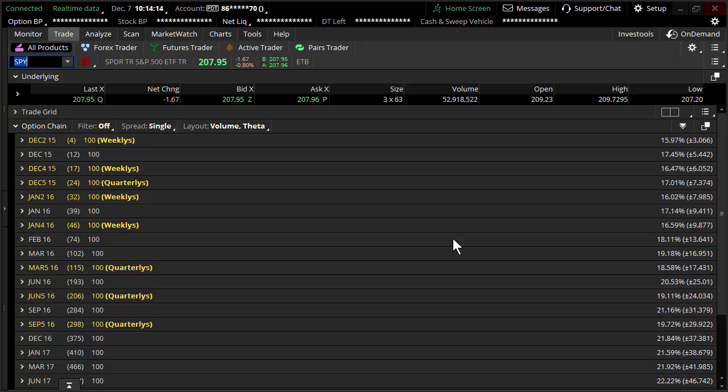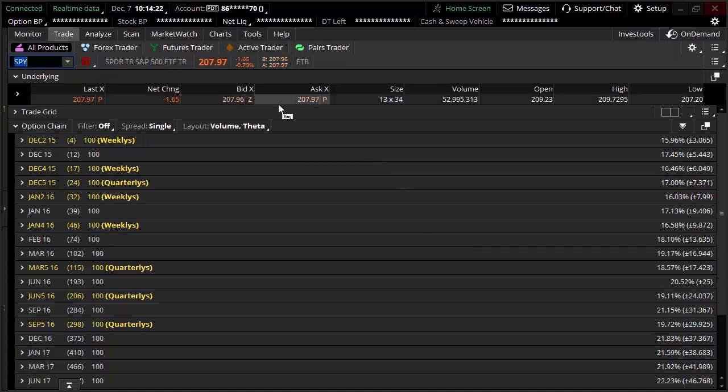And the basic idea of capital allocation is such that here I've brought up the spiders, right? The S&P 500 ETF. Not exactly a thrilling product to discuss, but when you think of capital allocation, if you were to go out and buy 1,000 shares worth of the spiders, let's assume no margin of any kind over here.